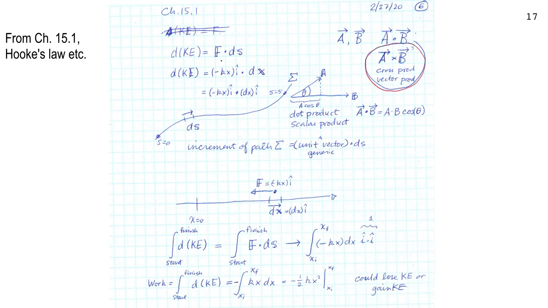It's going to be infinitesimally small. That is a little increment of the S parameter, the S path, nicknamed capital sigma for capital S.